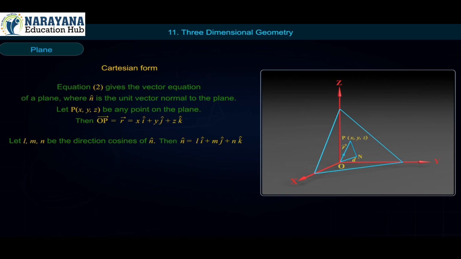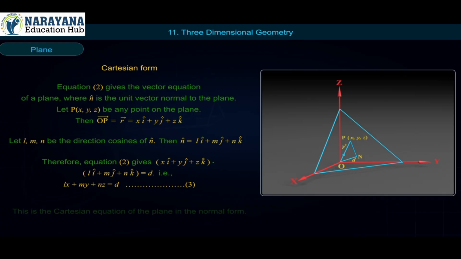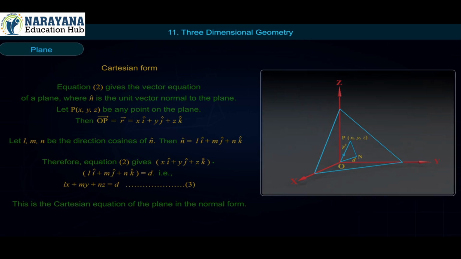Then n cap is equal to li cap plus mj cap plus nk cap. Therefore, equation 2 gives xi cap plus yj cap plus zk cap dot li cap plus mj cap plus nk cap is equal to d. That is, lx plus my plus nz is equal to d. Equation 3. This is the Cartesian equation of the plane in the normal form.